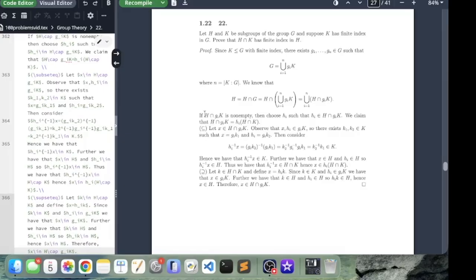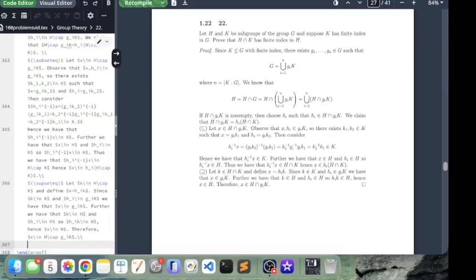We have the inclusion going both ways, thus the claim is true, and these two sets are equal. So we'll say that.